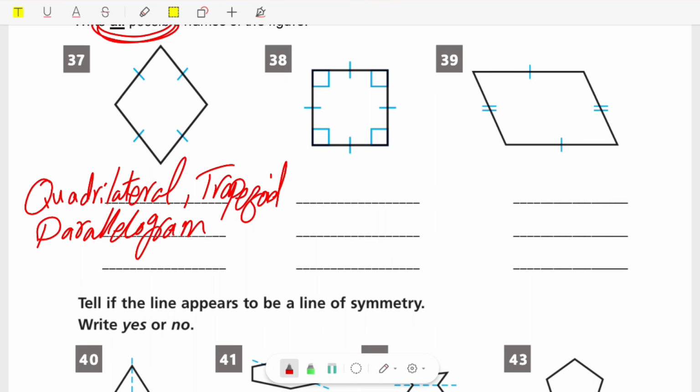Do we have four equal sides? Yes, we have four equal sides, as you see here, all of them are equal, so it's a rhombus. And of course it can't be a square because we don't have any right angles.